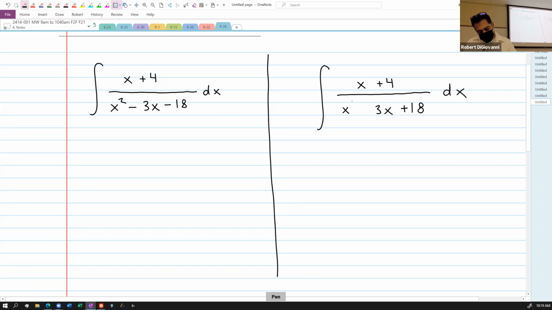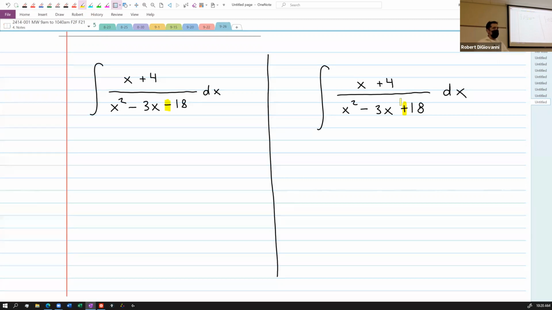Almost the same problems. One subtle difference between the two. You see it? Right there, right? That little subtle difference changes everything in how you go about these problems. So on the first one, well, you can factor the bottom, can't you?